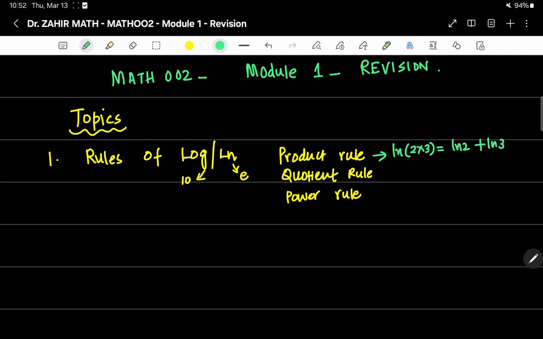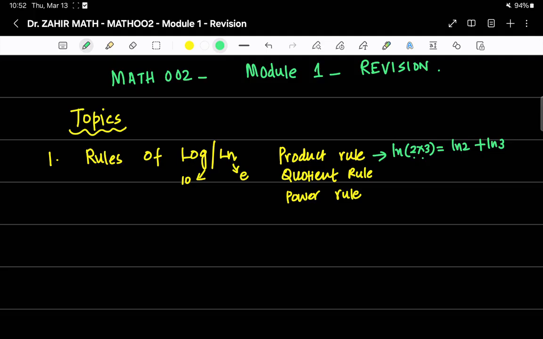In the class, the teachers might have used a, b, x, y. But that causes a little confusion. When you see equations, expressions, variables, you don't like it, I know. So that's why I'm giving the rule with the help of numbers. Suppose you multiply any two numbers, ln of 2 times 3, we can write it as ln 2 plus ln 3.